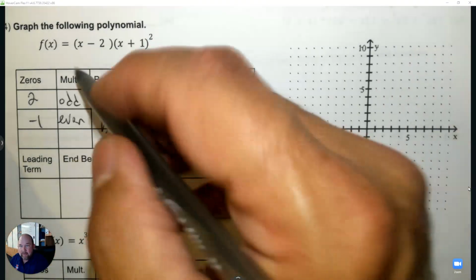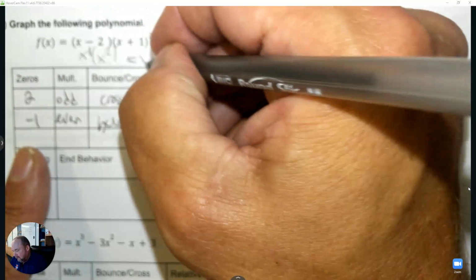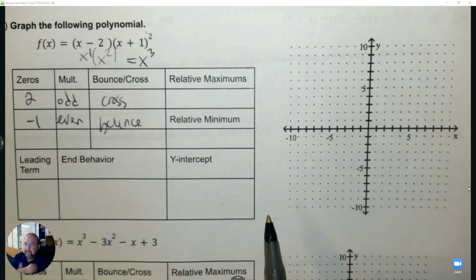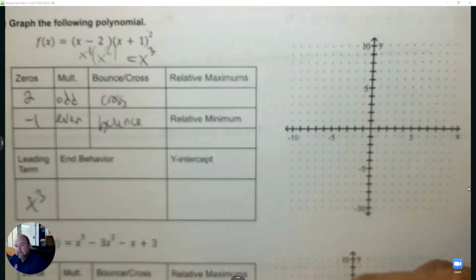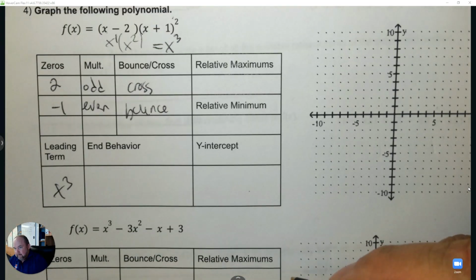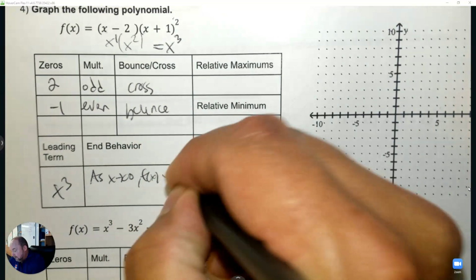The leading term is x times x squared. So if I add the exponents going across, that's x to the 3. So as x approaches infinity, the function goes up.